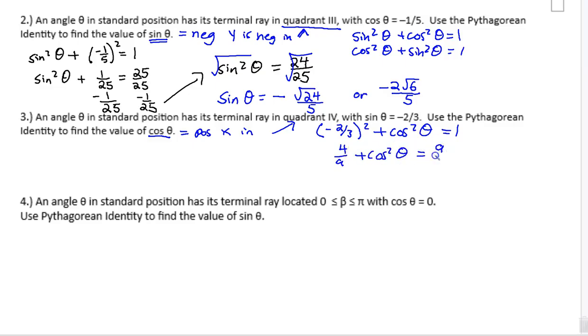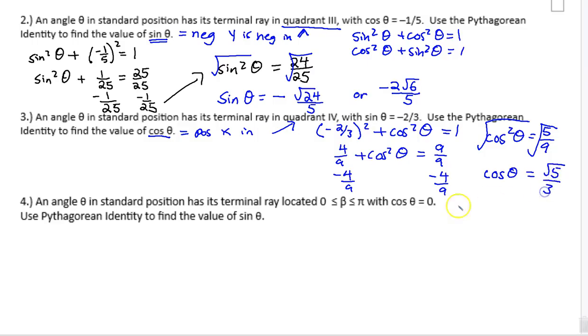I'm going to write this as 9 over 9, so that way when I subtract, I get 5/9. I'm going to take the square root of both sides. And I don't want the minus here because I'm in the fourth quadrant. So it's just going to be the square root of 5 over 3.